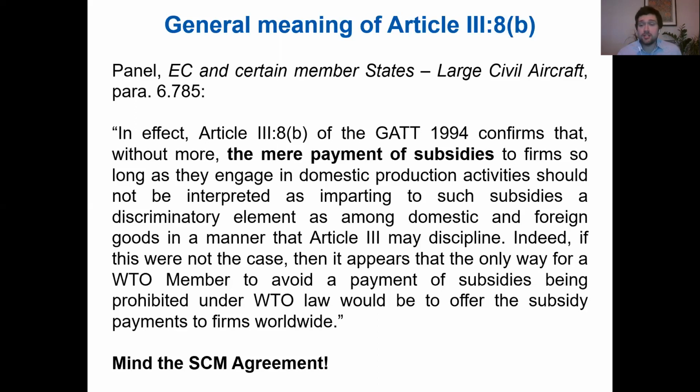So under this agreement, there are certain prohibited subsidies. Within the ambit of the GATT, you would not see disciplines of this type as strict and as specific as the SCM Agreement.